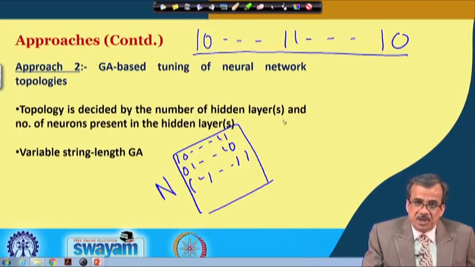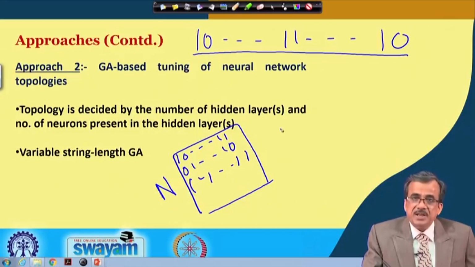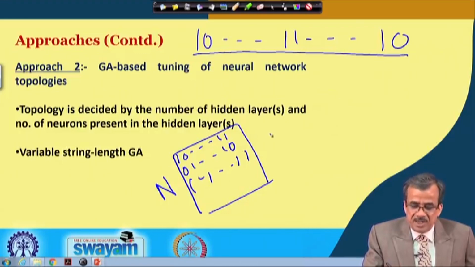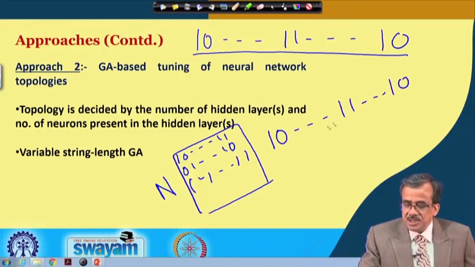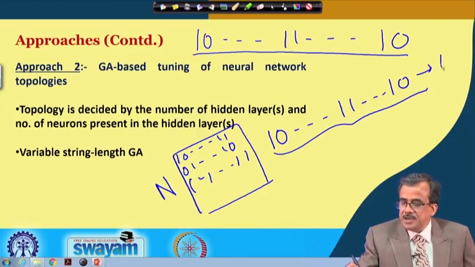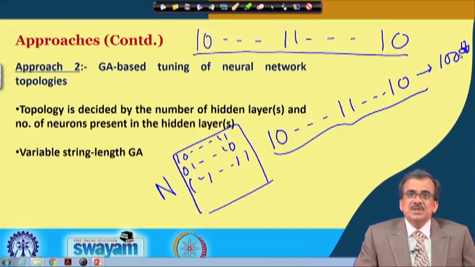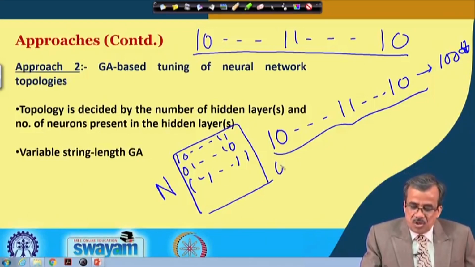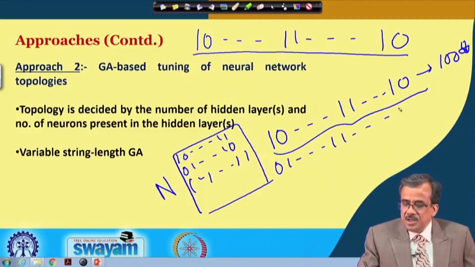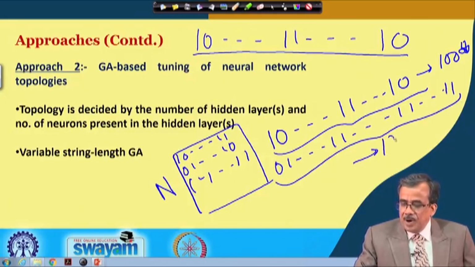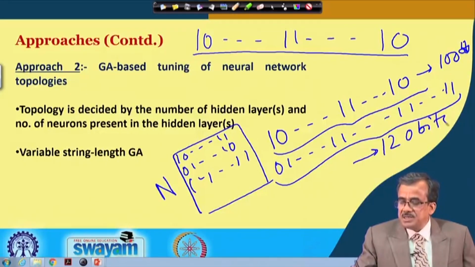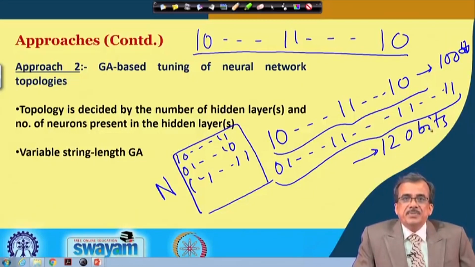So, there is a possibility that I get one GA string with a length of, say, 100 bits, and the next GA string may have, say, 120 bits. One GA string has 100 bits, another has 120 bits.